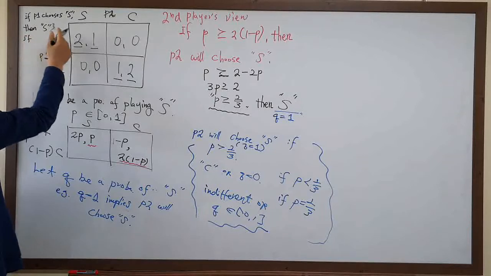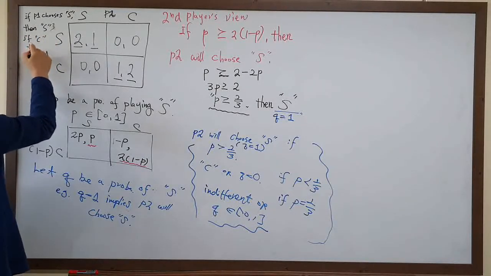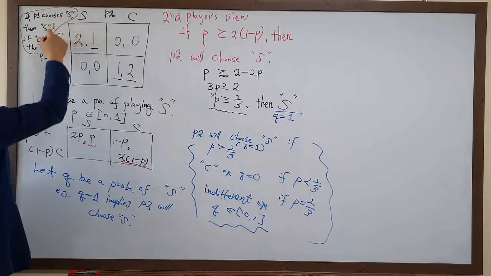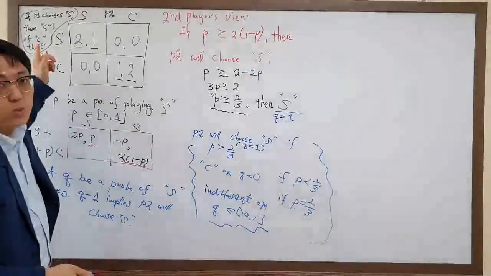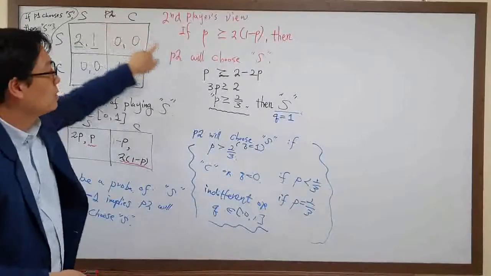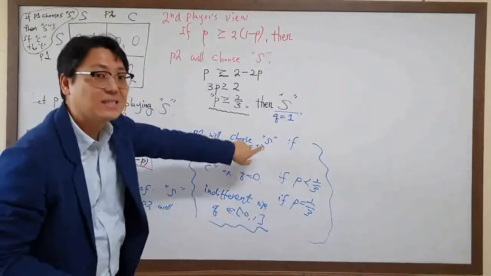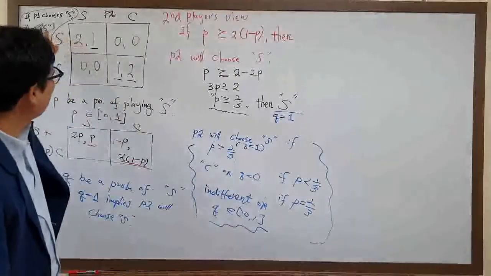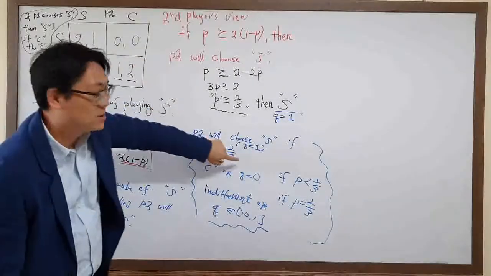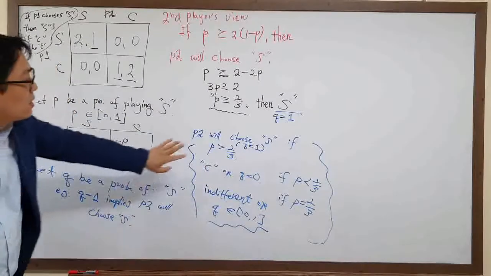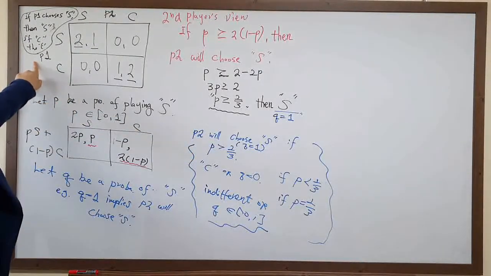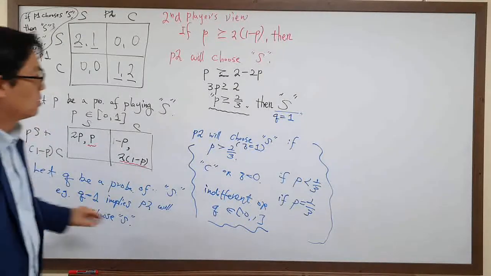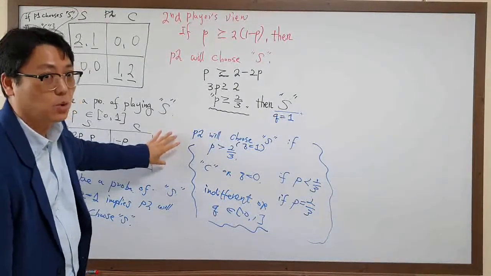If player 1 is choosing C, then I'm going to choose C. We can come up with that kind of plan for the second player. That is the best response for the second player. It's exactly the same thing as this one. The only difference here is that player 2 is considering the case when player 1 is mixing. So that is player 2's best response.